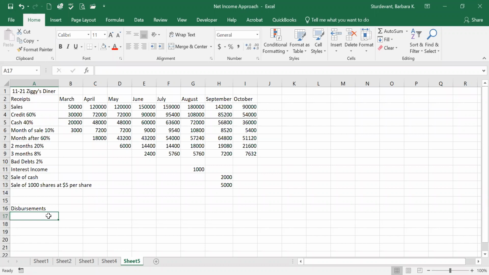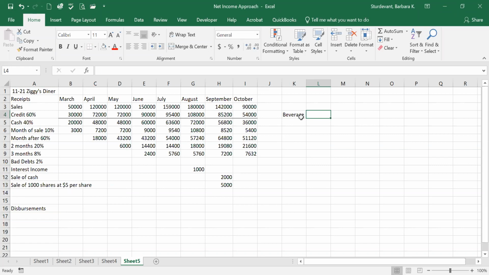Let's go to the last sentence first. It says that beverage sales are half of food sales.